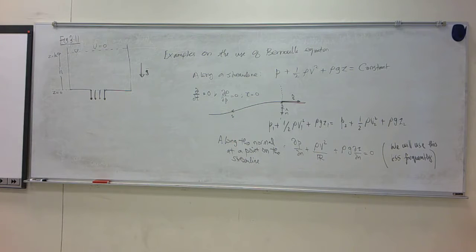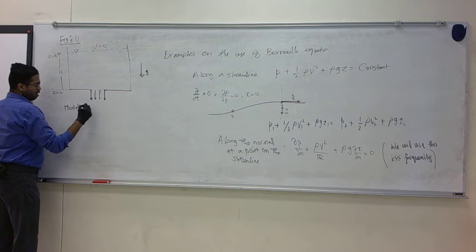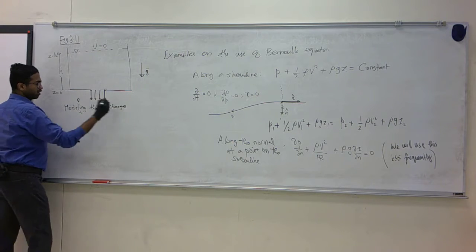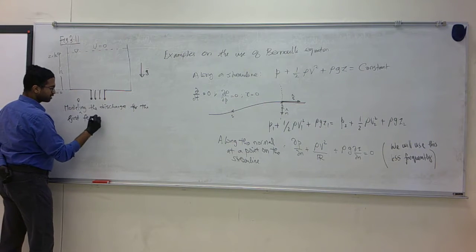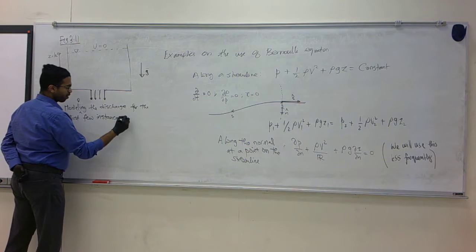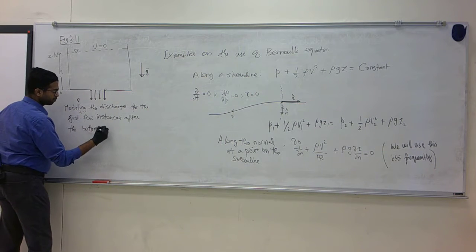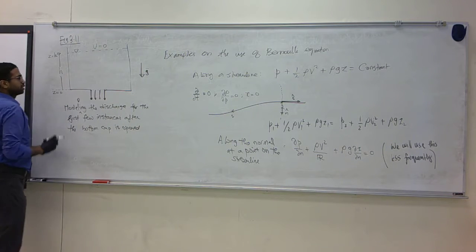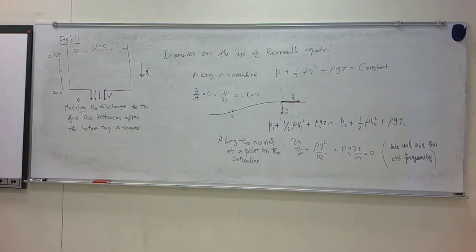We are talking about modeling the discharge for the first few instances after the bottom cap is opened. Assuming that there is a bottom cap and you open it, what is going to be the velocity with which the fluid leaves the bottom in the first few instances? That's what we are going to calculate.